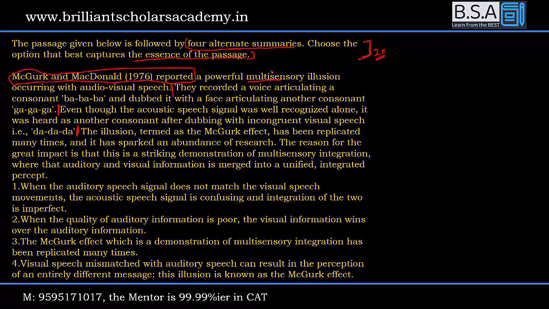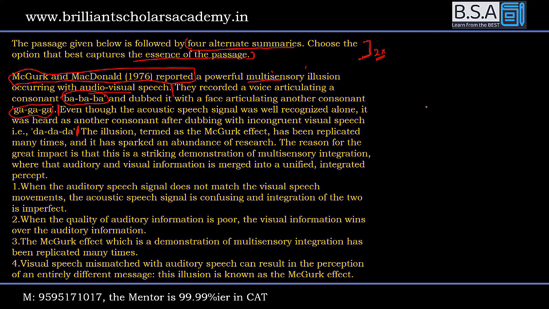Multi-sensory senses: hear, smell, touch, view, our senses. Multi-sensory illusion occurring with audio-visual speech. They are recording the audio. The audio is saying ba ba ba. But the video, the face, is saying ga ga ga.